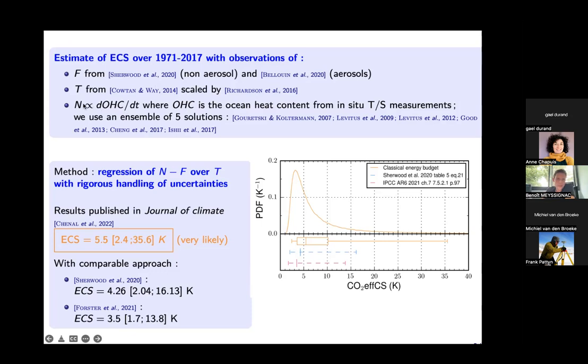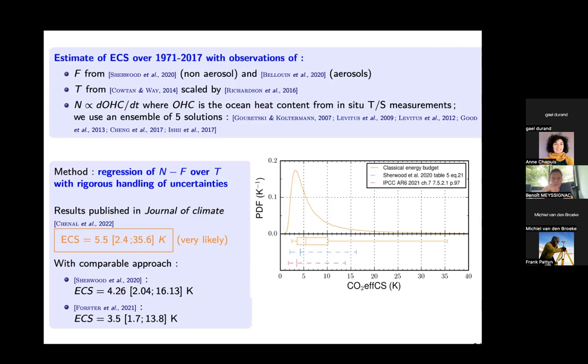And then we estimate the Earth energy imbalance, which we call N here, because that's the name we generally use in the community. We estimate it from the ocean heat content. For the ocean heat content, we use in situ temperature and salinity measurements. We use 5 solutions back to 1971, and we also use a solution deduced from a sea level budget over the last 40 years.